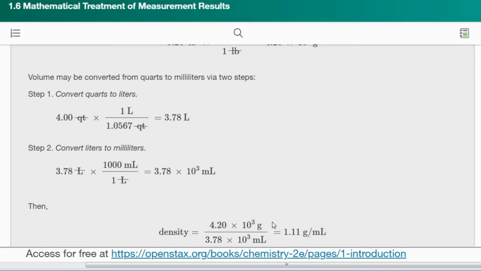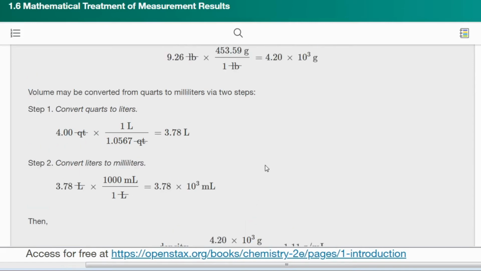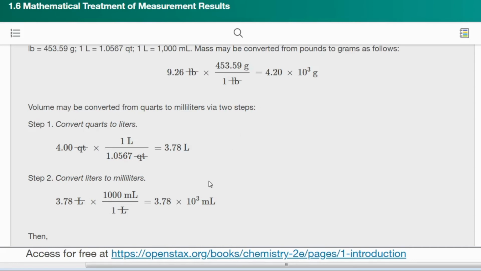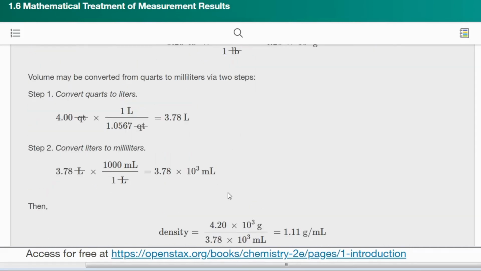The numerator here corresponds to a number all the way up here, and the denominator corresponds to a number here. So this is what's a little nicer.